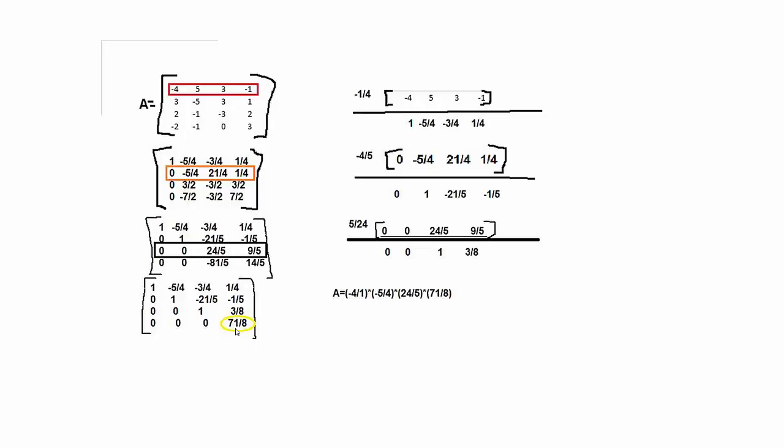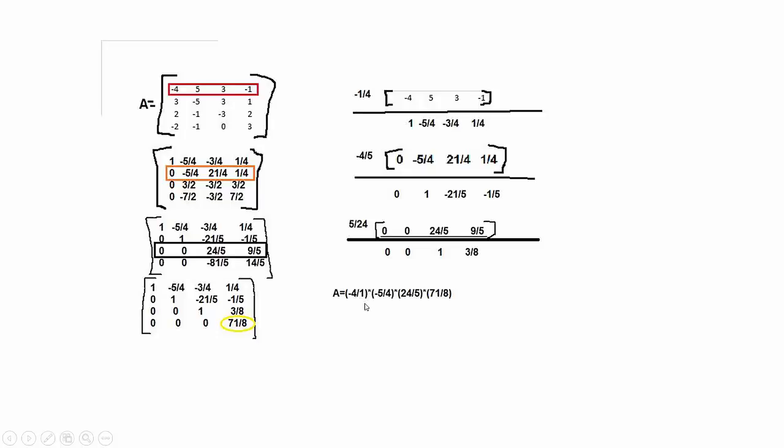So to get the determinant by the Gauss method, we have to multiply all these terms that we were getting.